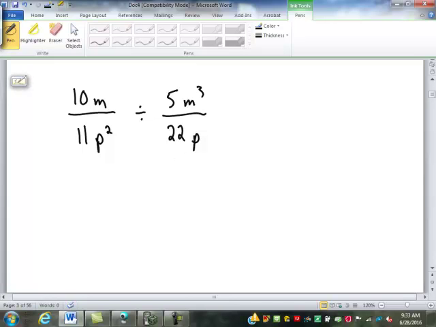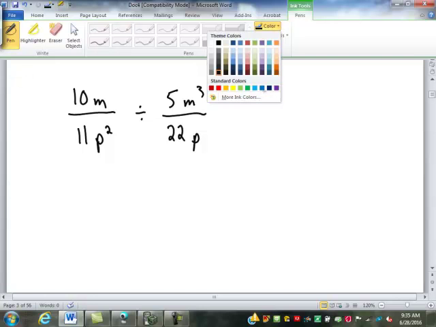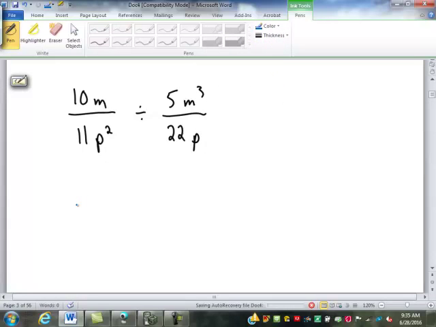Try that one in your notes. Where do we start with this? We have to change it to multiplication before we do anything else. So the 10m over 11p squared does not change at all.